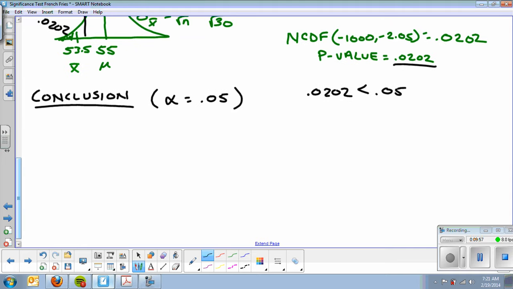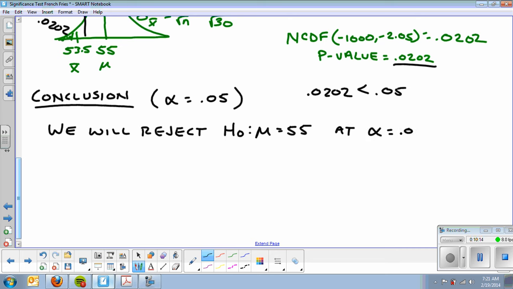So according to this decision, this is how our conclusion goes. We will reject the null hypothesis, mu equals 55, at alpha equals 0.05 significance level, comma.